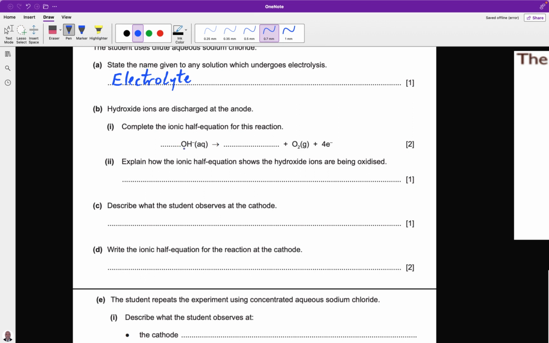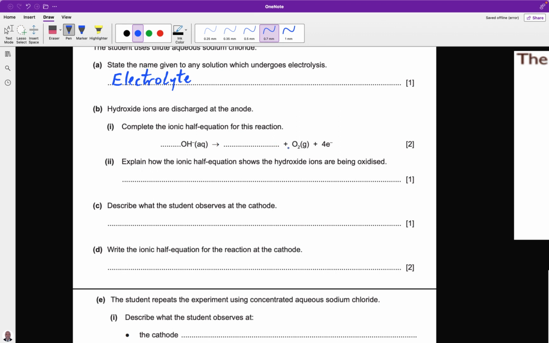If the hydroxide ions are discharged at the anode, now what must this do? We want to balance it. What is released?